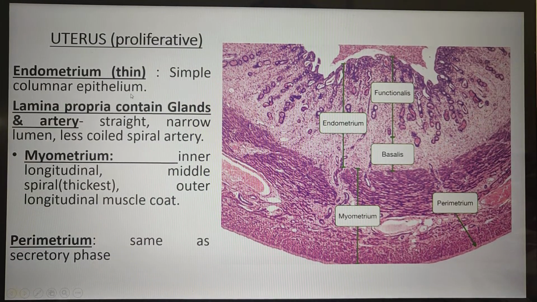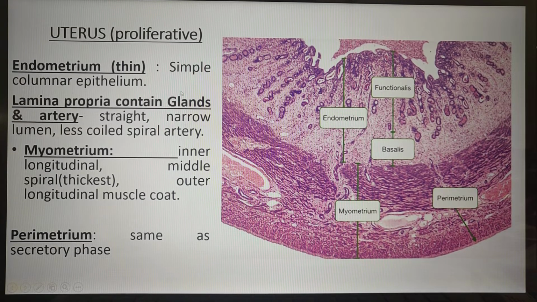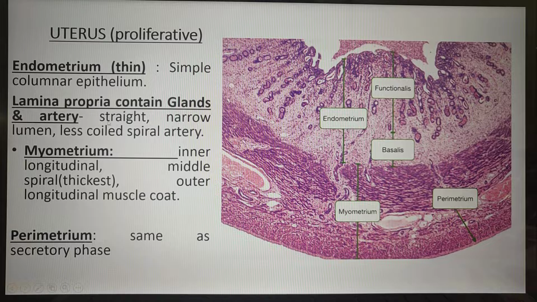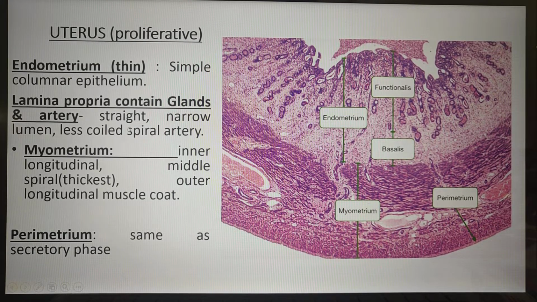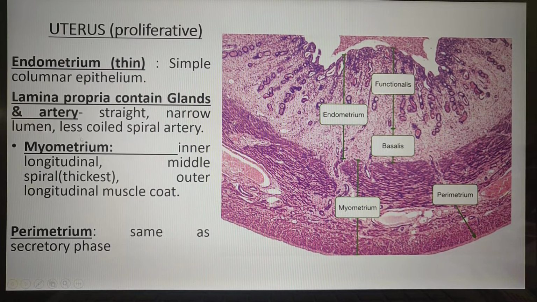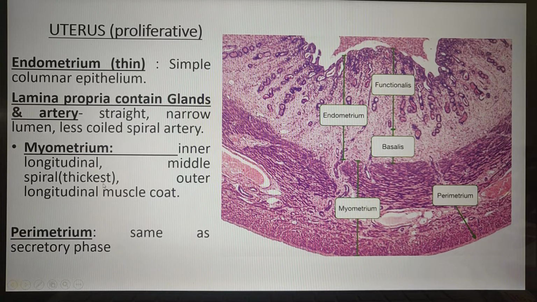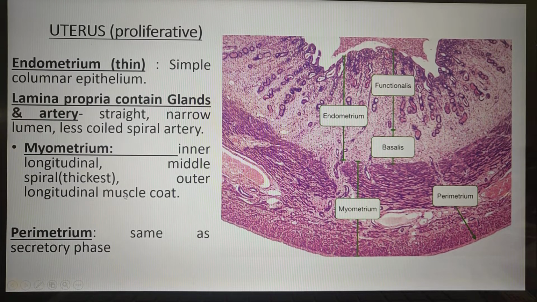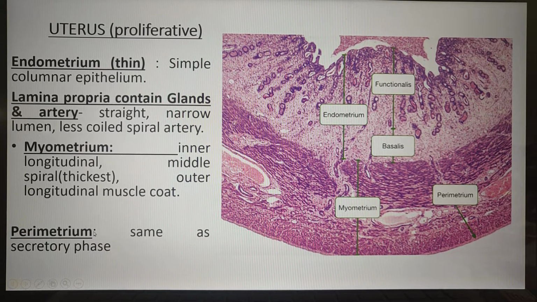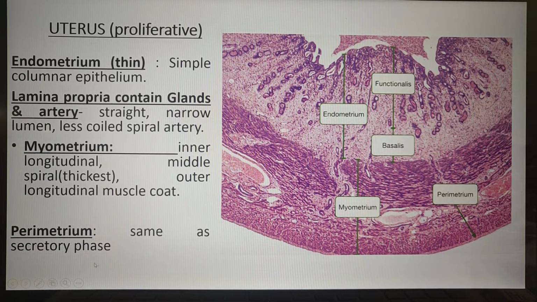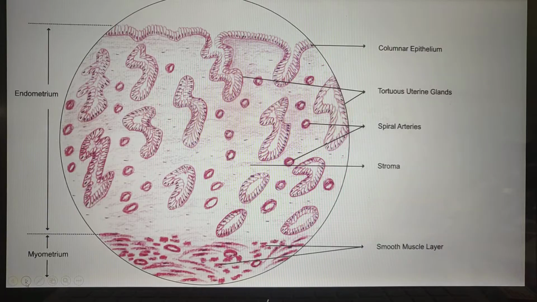Proliferative stage: the endometrium is lined by simple columnar epithelium. The lamina propria contains the glands and arteries, with straight glands, a narrow lumen and less coiled spiral arteries. The myometrium has inner longitudinal, middle spiral, which is the thickest, and outer longitudinal muscle layers, and the perimetrium is the same as in the secretory stage.